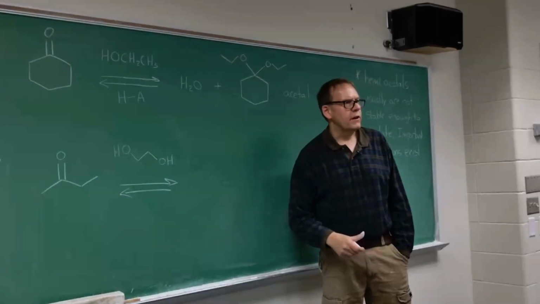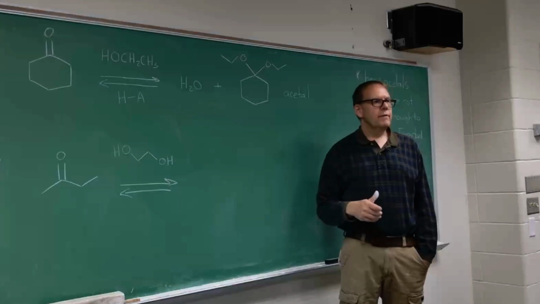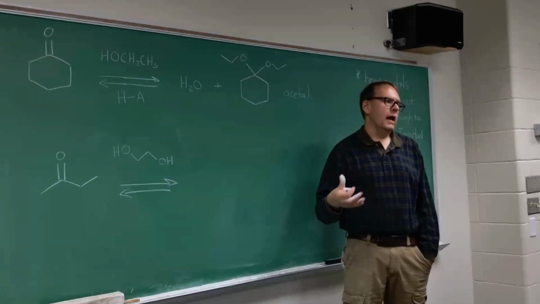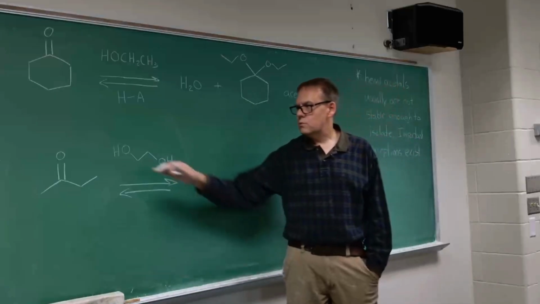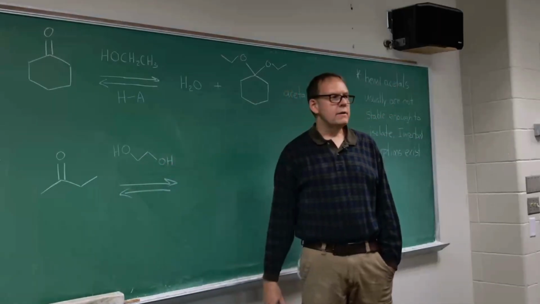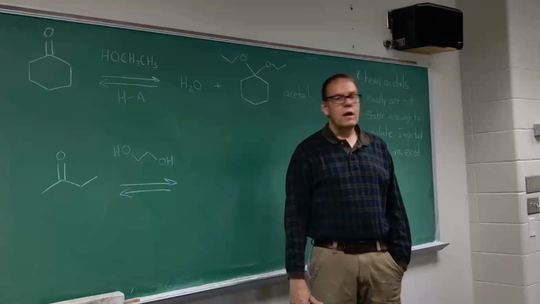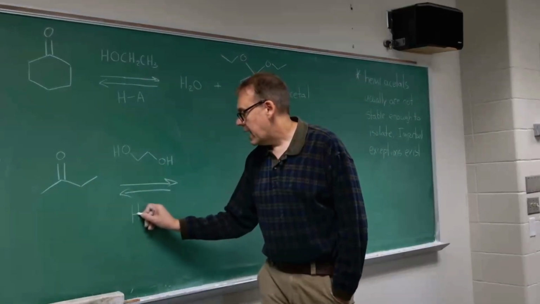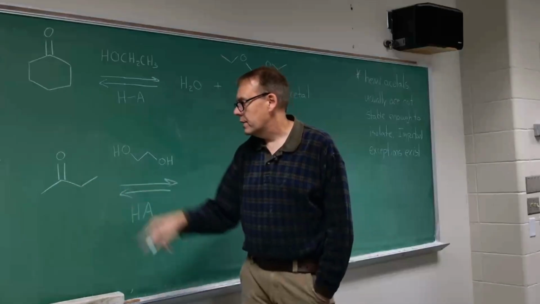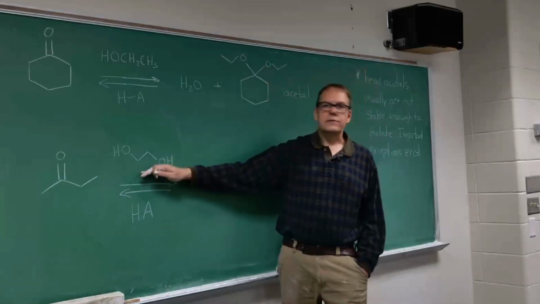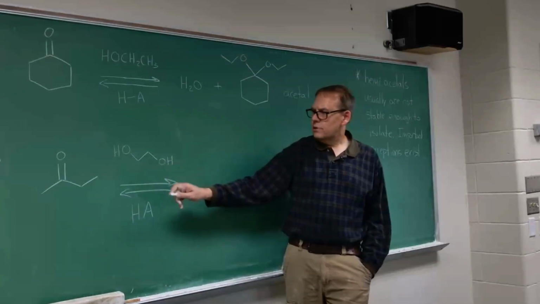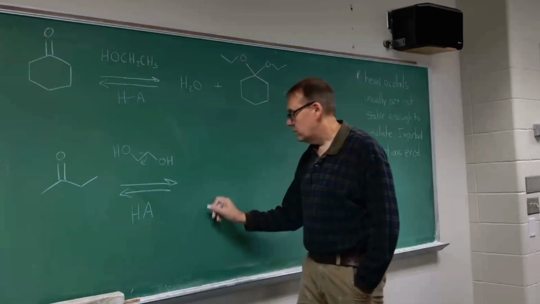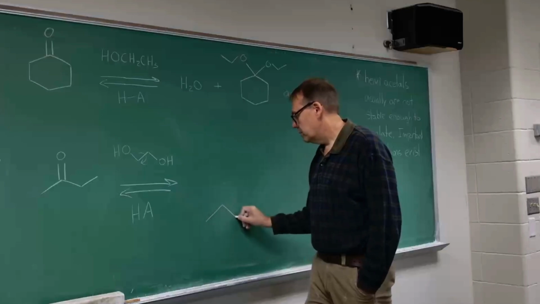So you'll see this a fair bit where instead of having alcohols with just one OH group on it, sometimes, actually pretty often, people will use alcohols where there's two OH groups in a single molecule. And this is going to function as the species that's going to add to the carbonyl and take the place of the carbonyl oxygen. When it's drawn like this, it's a little bit tricky to see what's going on. I'm just going to rotate about this carbon-carbon bond, though, and set it up in a way that's going to allow you to hopefully see it a little bit more easily.